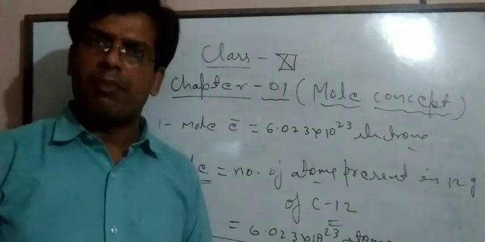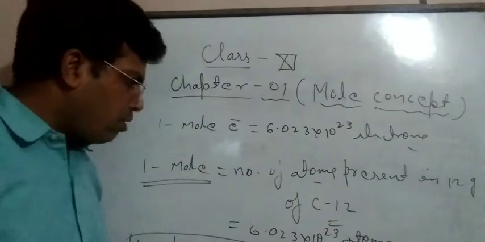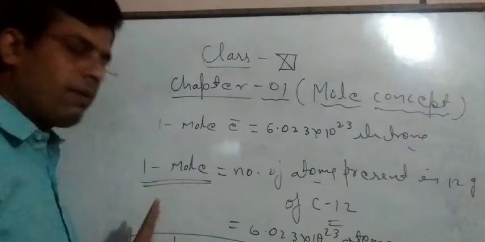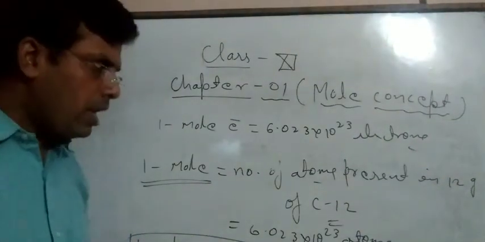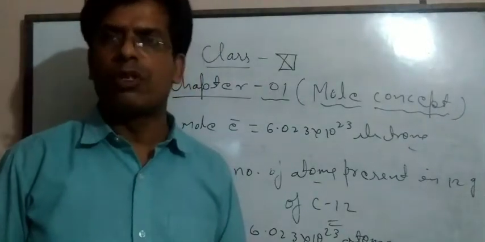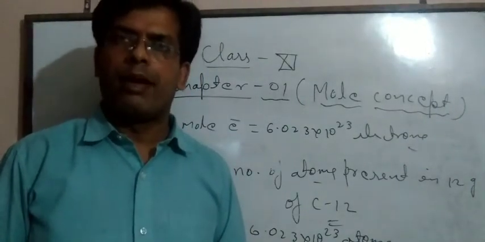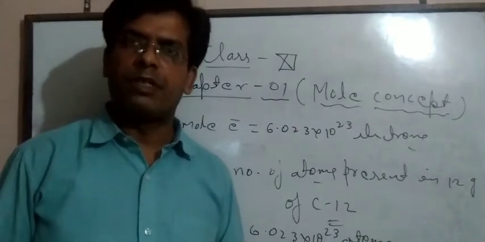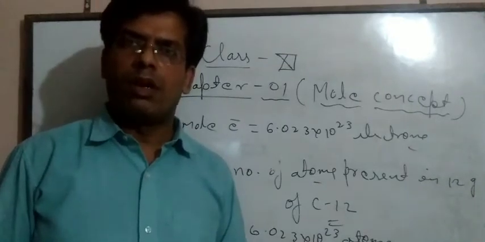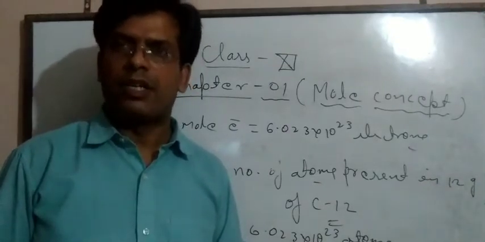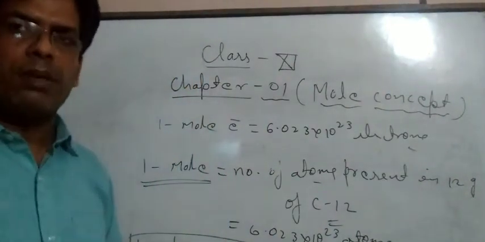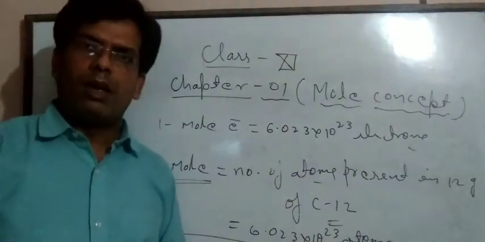Now we will discuss the other definitions of the mole concept, with respect to atoms, molecules, volume, etc. So first we will discuss the definition of the mole concept with the help of atoms.